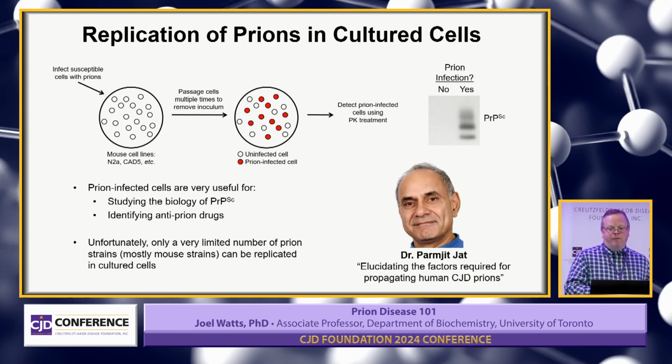That's why I am very excited to hear the research tomorrow from Dr. Paramjit Jat from London, who will talk about his efforts to propagate human prions, variant CJD and sporadic CJD, in cultured cells, and how hopefully those will provide a paradigm for identifying therapeutics that are specifically active against CJD.